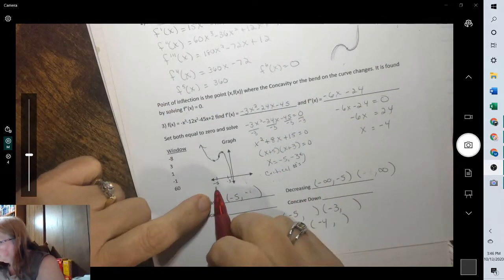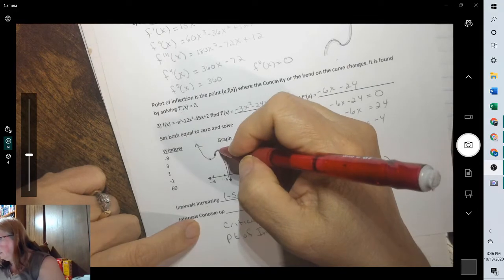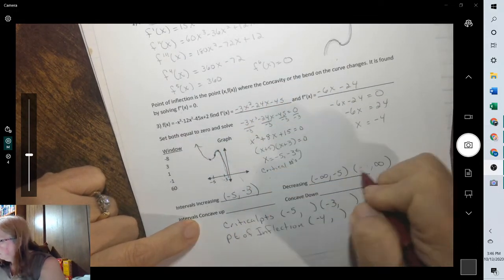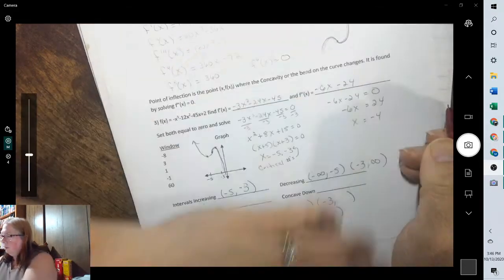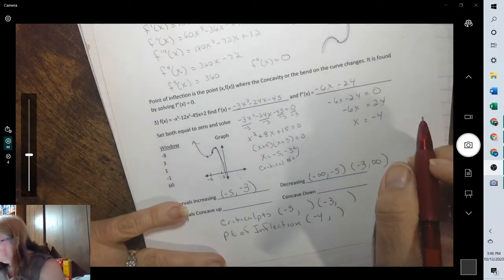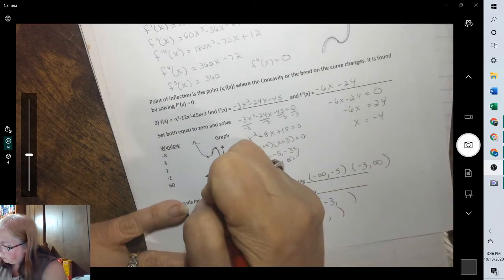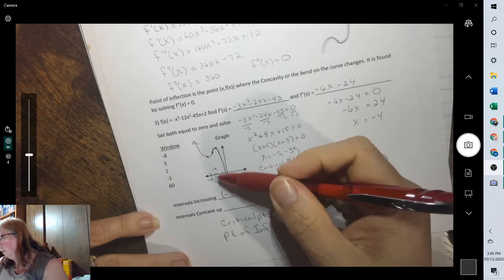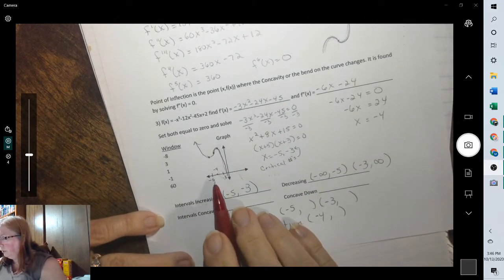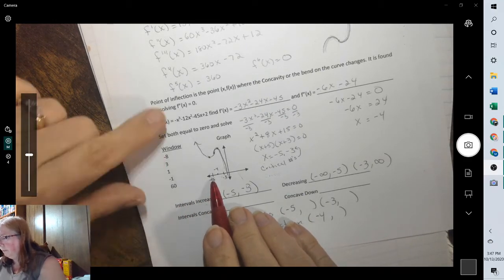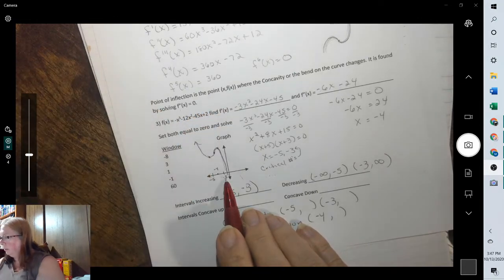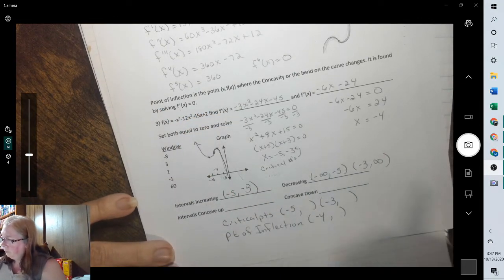The critical numbers are negative 5 and negative 3, so it's negative 3 where it starts decreasing. I usually don't write the point of inflection in there till afterward, or I put it on top. So this is where the concavity changes. These two are where increasing and decreasing change. So negative infinity to negative 5, it comes down. Negative 5 to negative 3, it goes up, and then it comes down again from negative 3 to infinity.